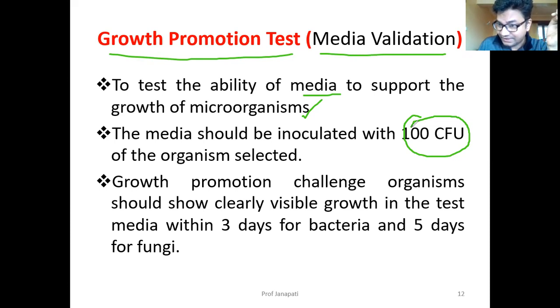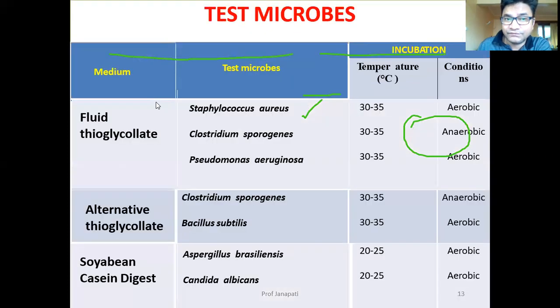Within 3 days, for bacteria, you need to show that there is some growth. For fungi, you need to check for 5 days, and within 5 days you need to have some growth. So this is the growth promotion test which we do.